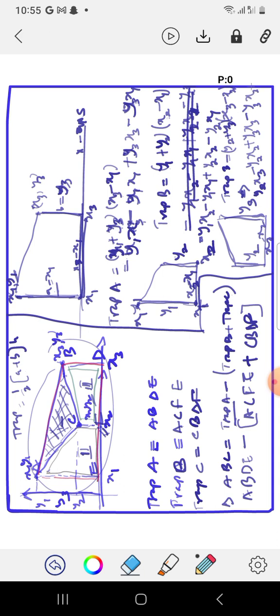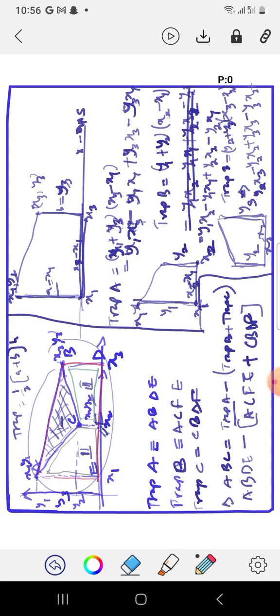Okay, so let me write it down so that I can clear the entire page. So y2 x3 minus y2 x2 plus y3 x3 minus y3 x2. Okay, so that's what it's going to be.